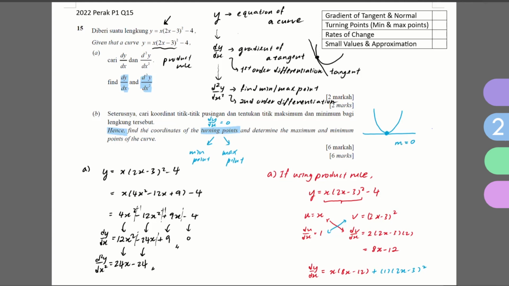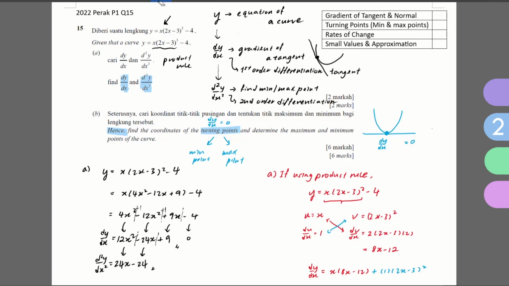Since the gradient of a tangent also represents dy over dx, we can say that dy over dx is equal to 0. This is how we are going to find the turning points.